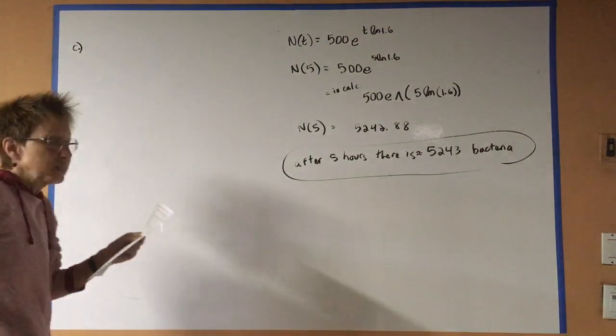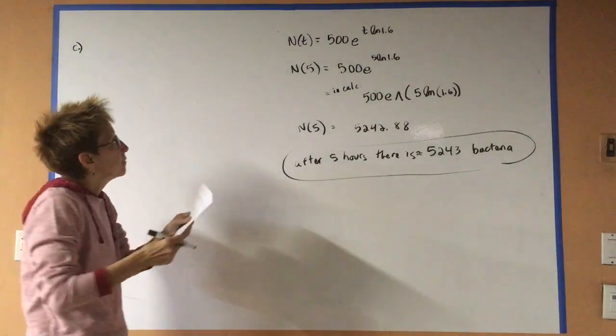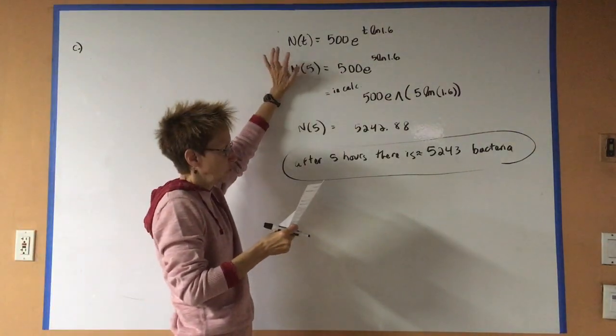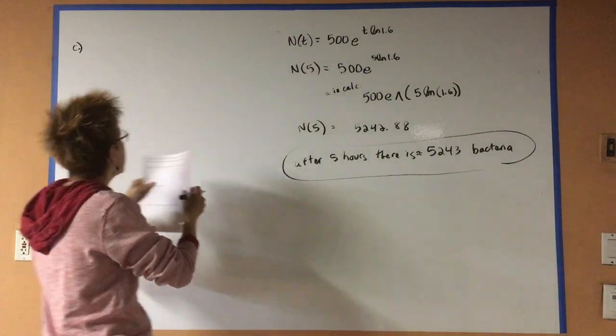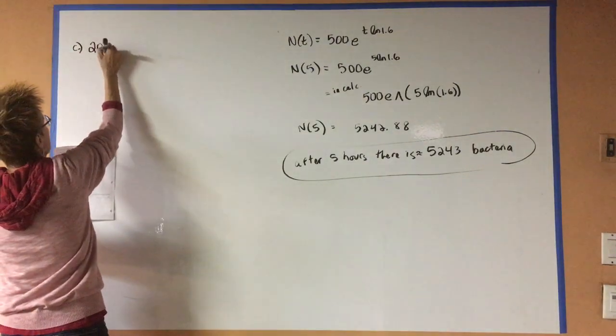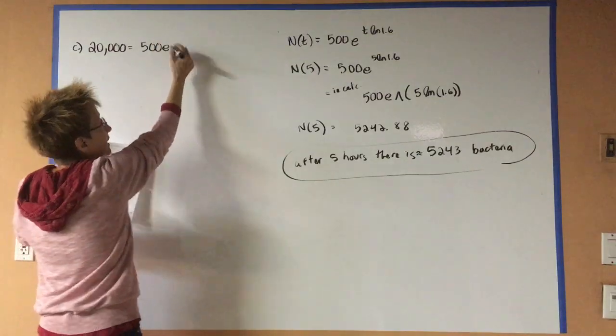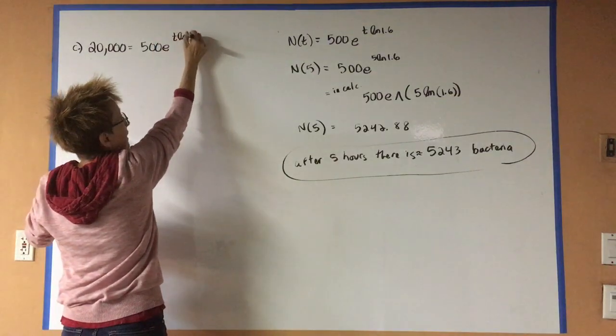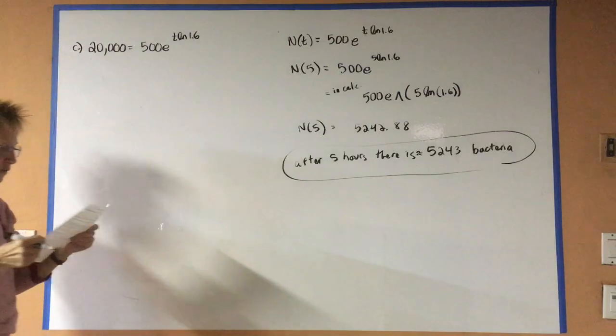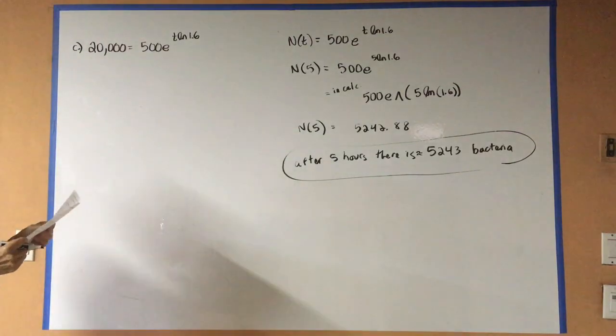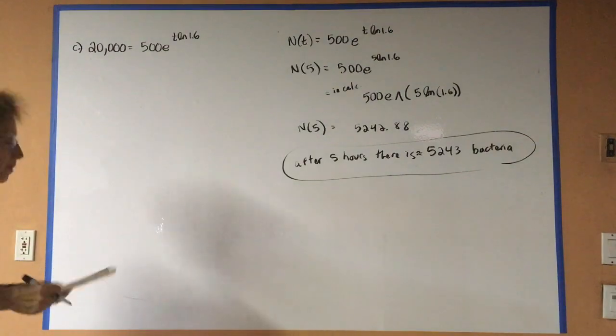So this time I don't know time, right? But they're telling me that my future value needs to be 20,000. So how long will it take for there to be 20,000? So this is 20,000 equals 500 e to the t times the ln of 1.6. That's what I have to go figure out.